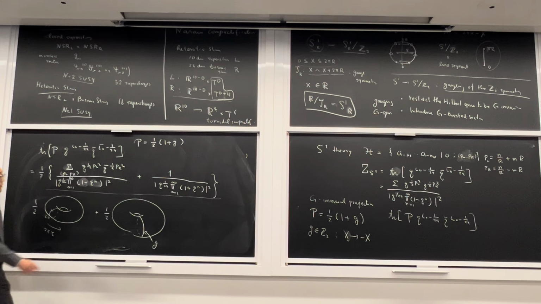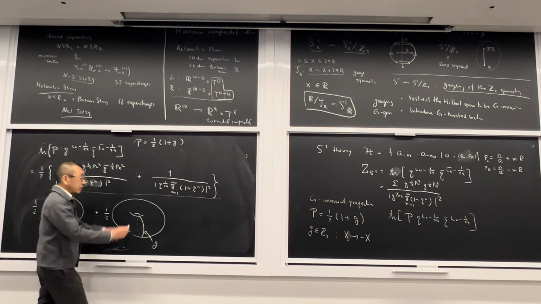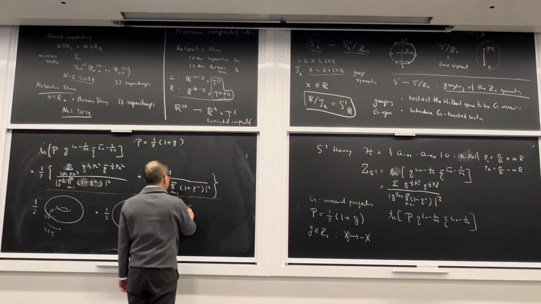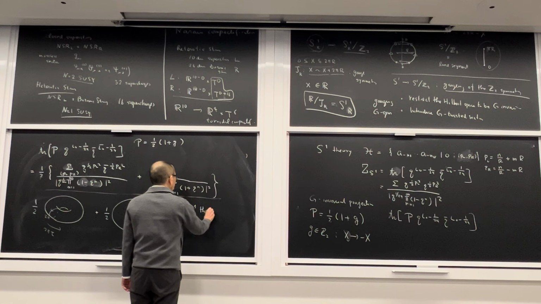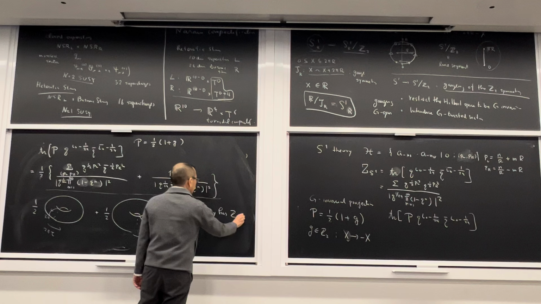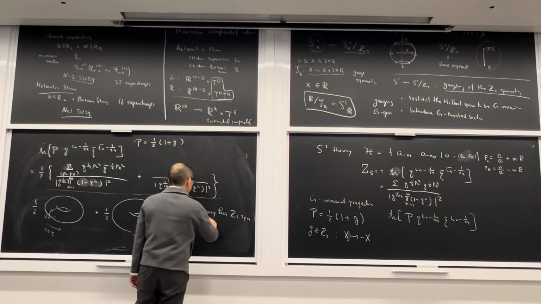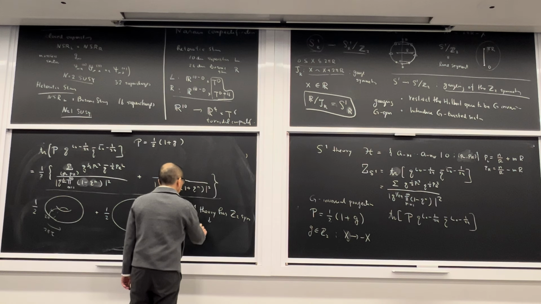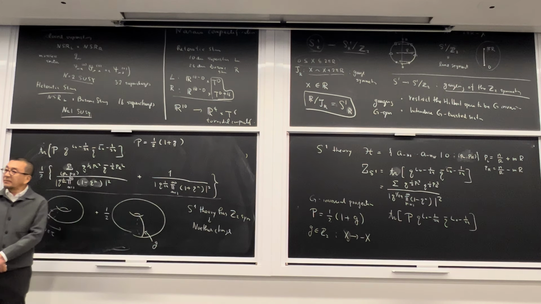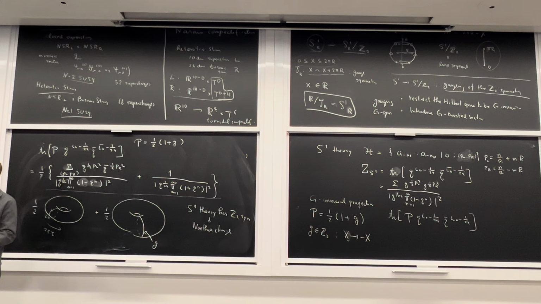What I mean is that the original theory, the S1 theory, has a Z2 symmetry. And by the Wigner theorem, whenever a quantum theory has some global symmetry, there must be unitary operators that implement the symmetry.